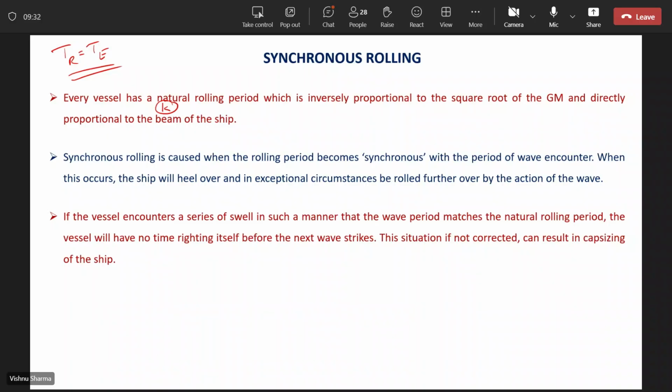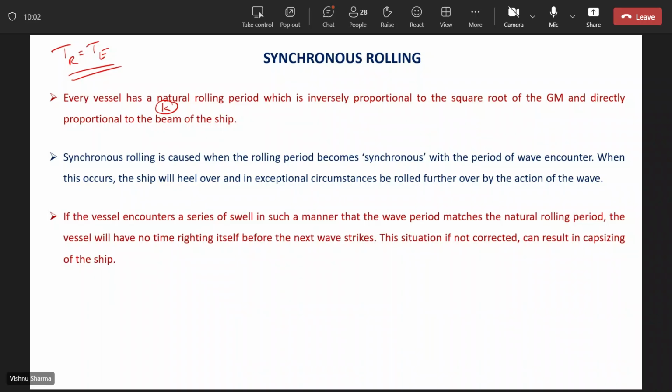If you allow this to go unchecked, the amplitude can keep increasing and the vessel can reach the angle of flooding, and that can lead to loss of the ship. At the same time, there can be loss of cargo, parting of lashings, and other serious effects of excessive roll, and therefore it is important that we realize when synchronous or resonant rolling conditions are developing.